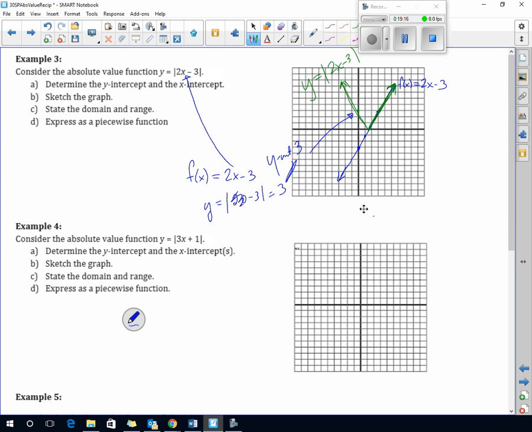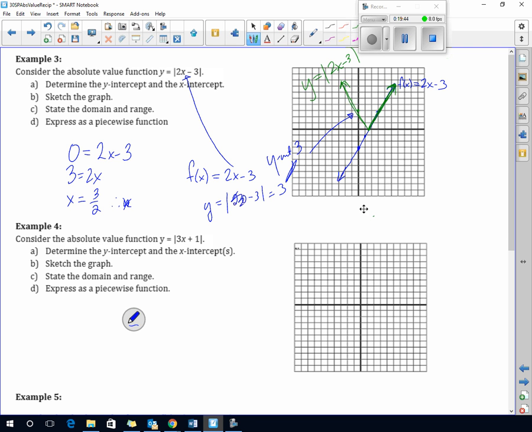Set y equal to 0 and solve. So move the 3 over. So x equals 3 over 2. Does that look like 1.5? Yeah. So therefore the x-intercept is 3 over 2.